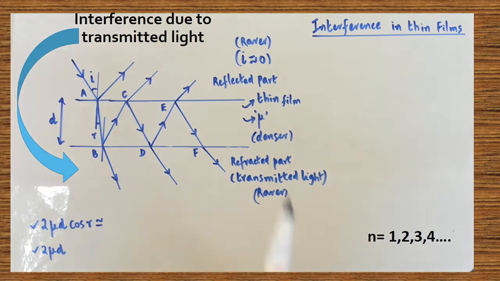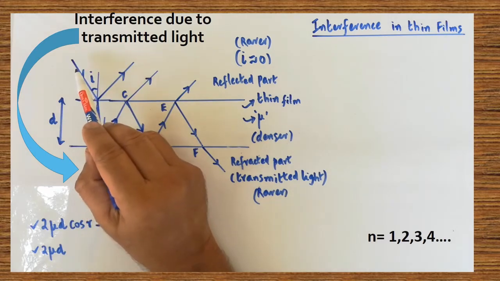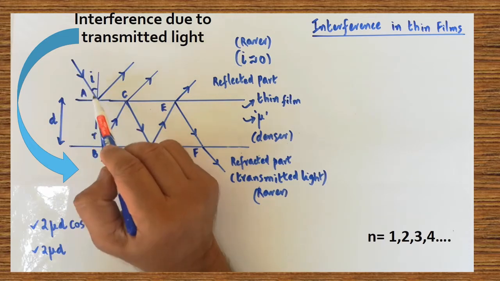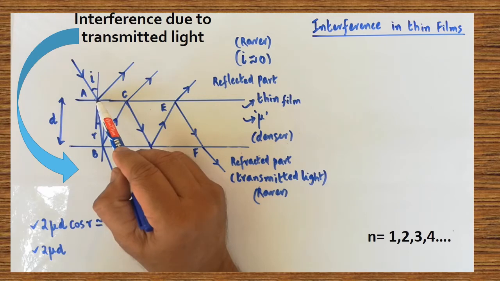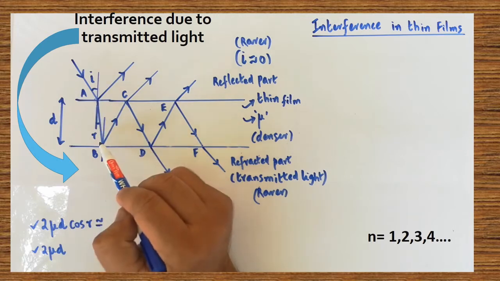Here we are going to learn how interference takes place in the case of thin films. Let us imagine a light beam from an external source. That incident light is made to fall on the surface of the upper layer of the thin film, exactly at A. After incidence at A, the incident light is split into two rays, a reflected ray and a refracted ray.